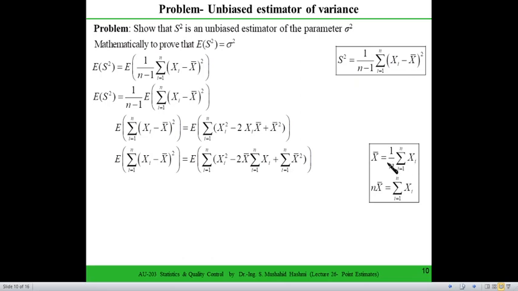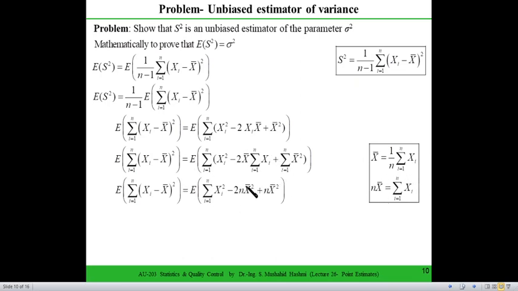We know the definition for x bar is some estimator, which is a rule or formula in which all the values of x are summed up together and divided by the sample size. So this is the definition for the sample mean. If n is multiplied by the sample mean, then n x bar would be the sum of x.